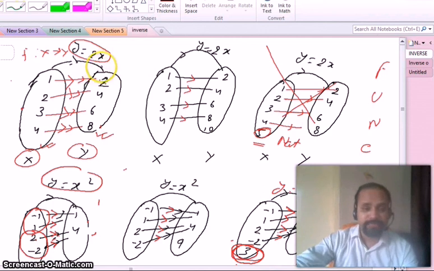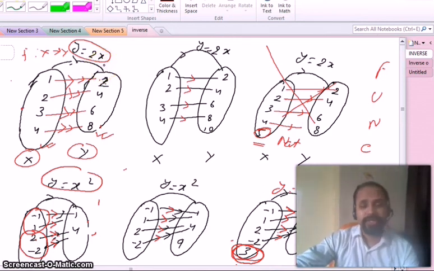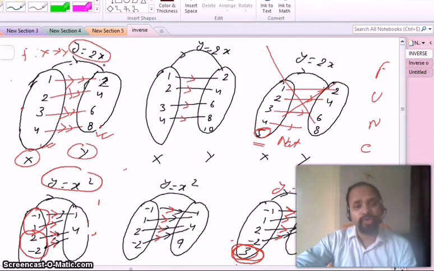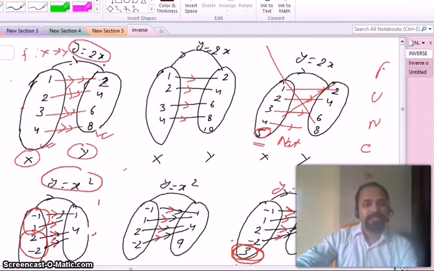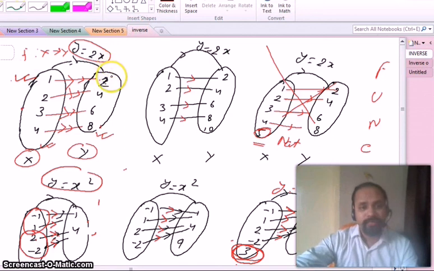So after the types of function, there are many types of functions, that is one-one function, onto function. Okay, first come on onto function. What is onto function? Onto function says every image must have a pre-image. Okay, that means if there is a function here y equals 2x, so if y equals 2, then for y equals 2 we have a pre-image that is 1.